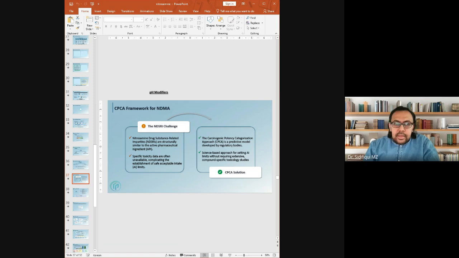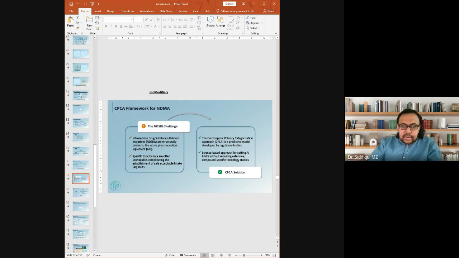So this is the introduction to the CPCA framework, which is called the carcinogenic potency categorization approach. It's a predictive model developed by the regulatory authorities, and it's the approach used to set AI limits, acceptable intake limits, without requiring compound-specific toxicology studies.